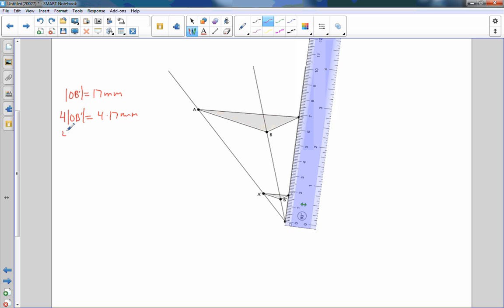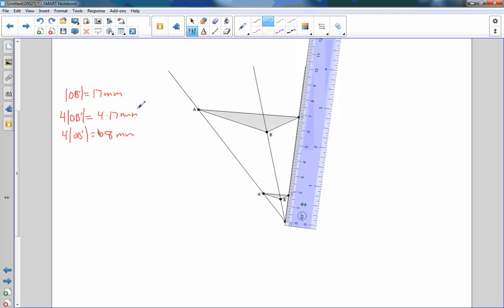So in other words, if I scale OB prime up a scale factor of 4, which is what they're asking us to do, they want to know if we will end up back at the original triangle ABC. 7 times 4 is 28, carry the 2, 4 plus 2 is 6. 68 millimeters. So if I look over here, sure enough, here's 70, 68 is right here.